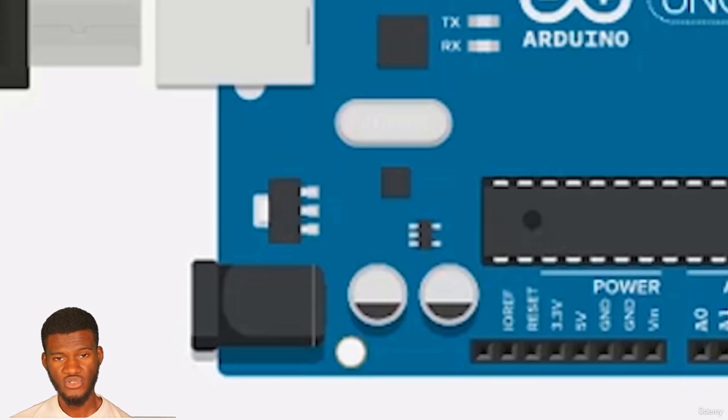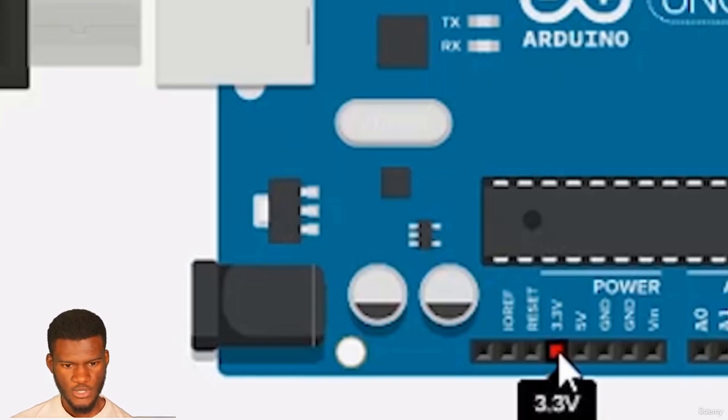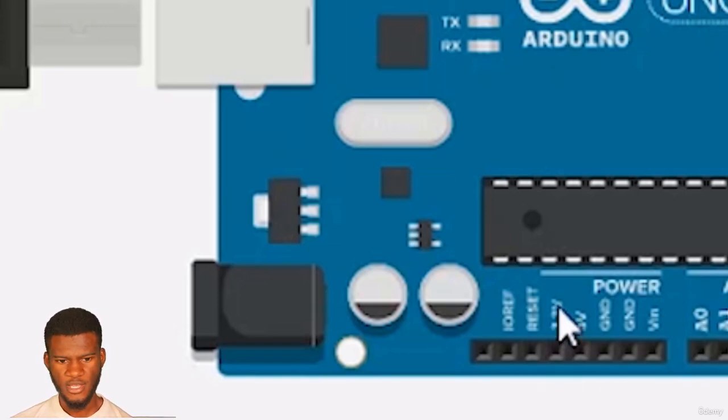If you're working with a sensor or a component that needs higher power, like 5 volts, you can tap 5 volt power from there, because Arduino has an operational voltage of 5 volts. So 5 volts can be easily delivered to your project. Next is the 3.3V, which stands for 3.3 volts. This can deliver a 3.3 volt power supply to your project.